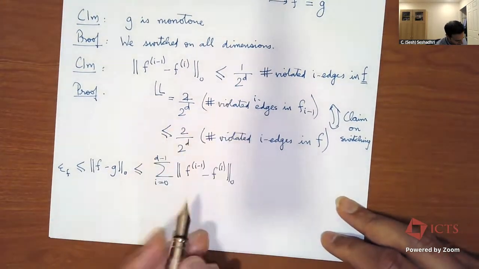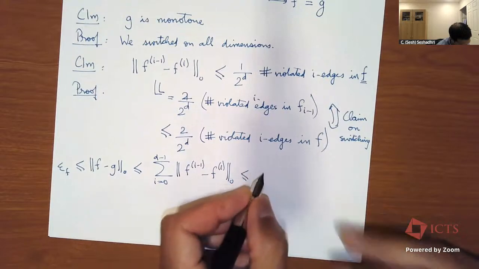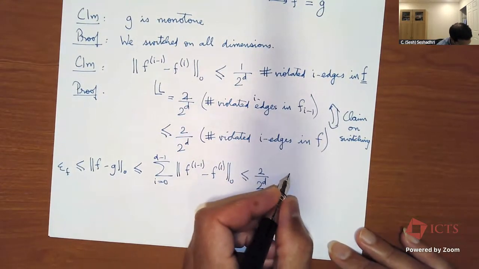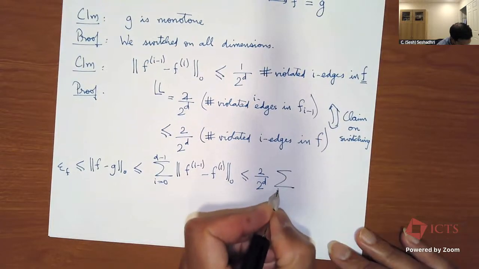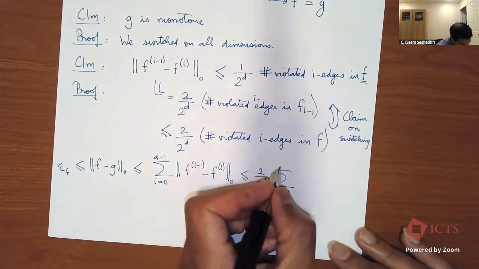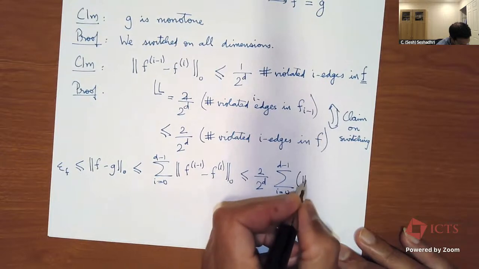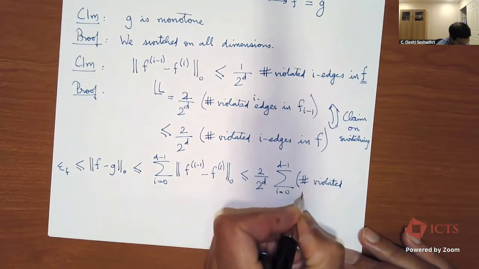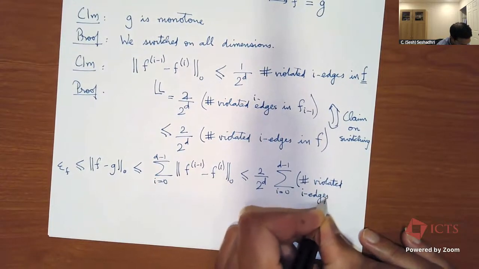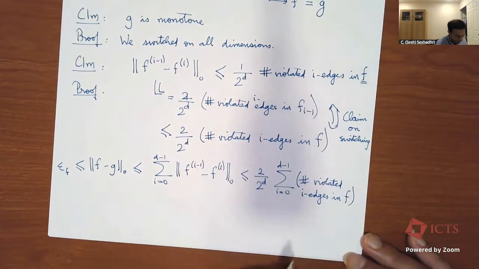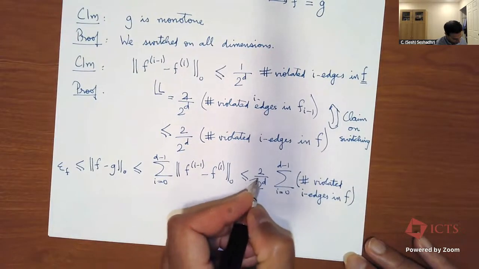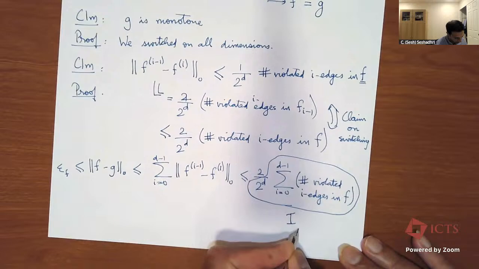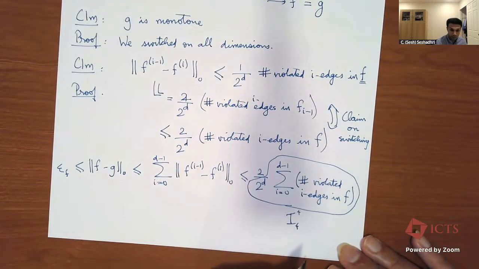And by our previous claim over here, this is 2 divided by 2 to the d, the sum over i going 0 to d minus 1 of the number of violated i edges in F. And this is exactly the directed influence of F.